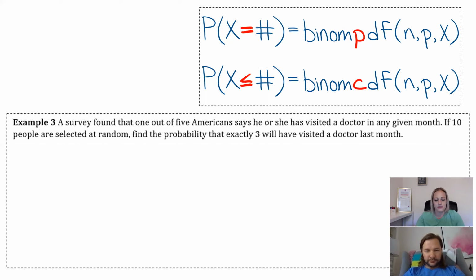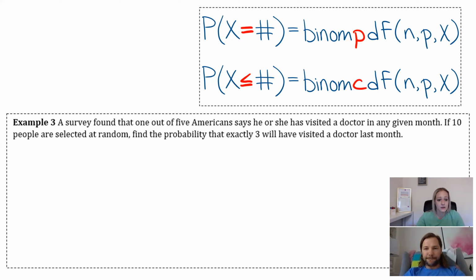And it's going to want to know the same 3 inputs, so N, P, and X. Okay, so the important thing to notice here is that when you're figuring out the exact case where X is equal to some number, that's going to be binomial PDF. And then when X is less than or equal to some number, that's going to be binomial CDF. So 2 different places.